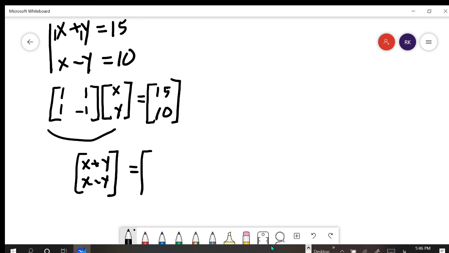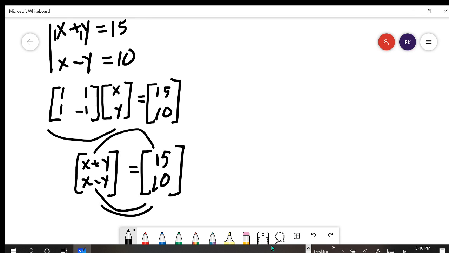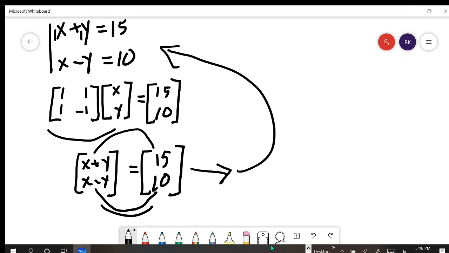And we have a matrix here which is 15 and 10. For these two matrices to be the same, this has to equal 15 and this has to equal 10. So what happens as a result of this equation? We get the system back, right? So writing a system of equations in terms of matrices is equivalent to that.